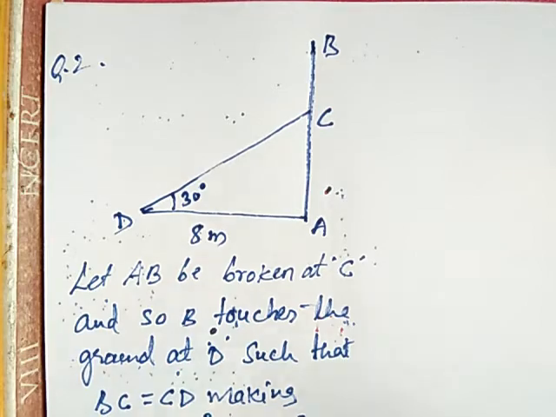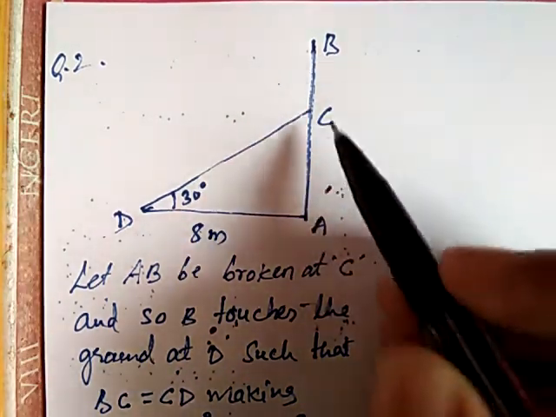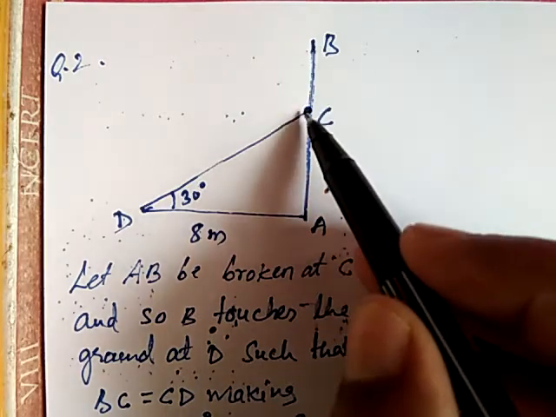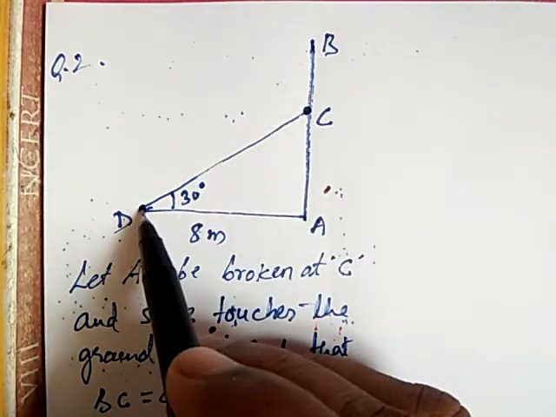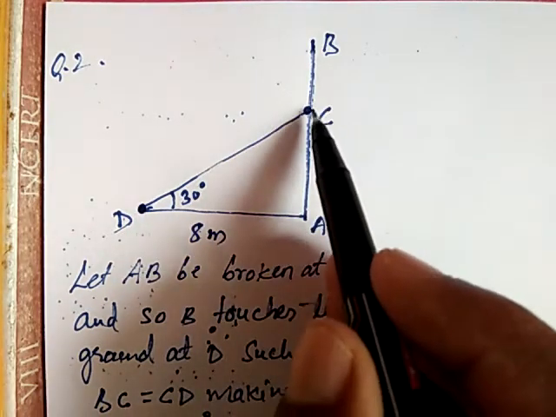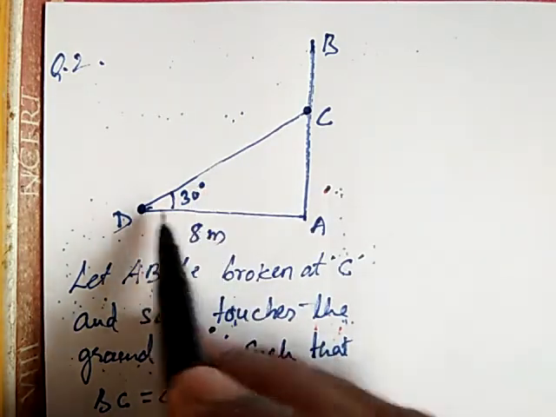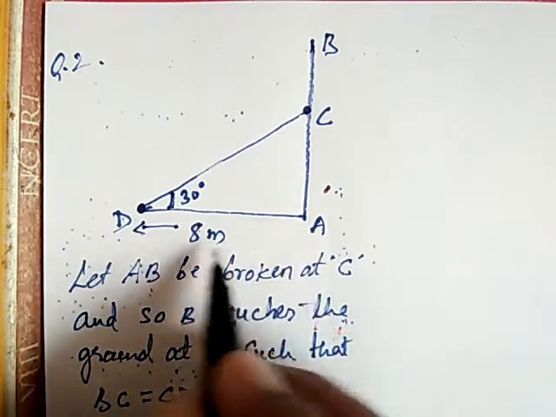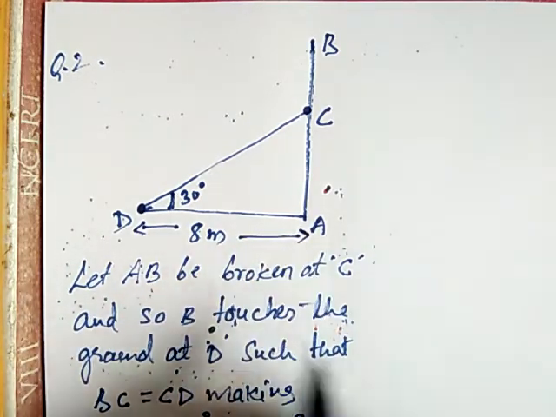For question number 2, there is a tree AB, tall, and it breaks at the point C. So BC will come and touch the point D here, so BC will be equal to CD. The angle is 30 degrees and the distance from here to here is given as 8 meters in the question.